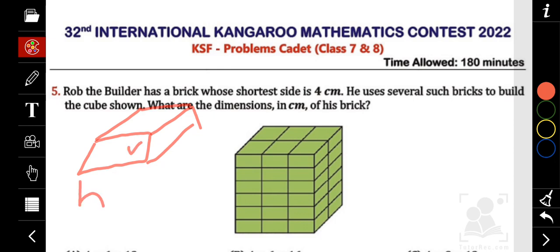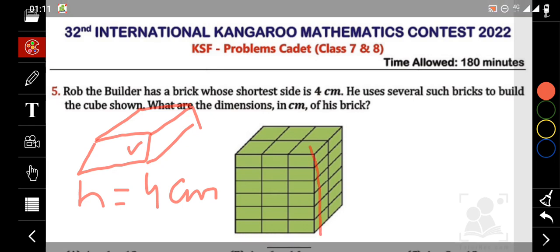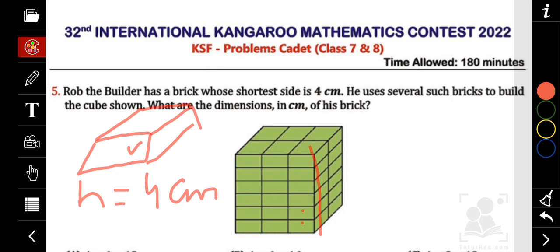That means the height is going to be 4 centimeters. So let's see how many bricks are there in the height of this cube. These are 1, 2, 3, 4, 5 and 6. That means height consists of 6 bricks and each having a height of 4 centimeters. So the total height of this cube is 24 centimeters.